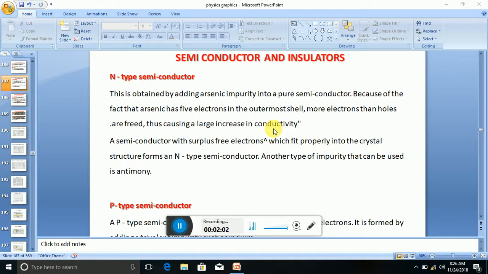More electrons than holes are freed, thus causing a large increase in conductivity. A semiconductor with surplus free electrons, which fit properly into the crystal structure, forms an N-type semiconductor. Another type of impurity that is used is antimony.